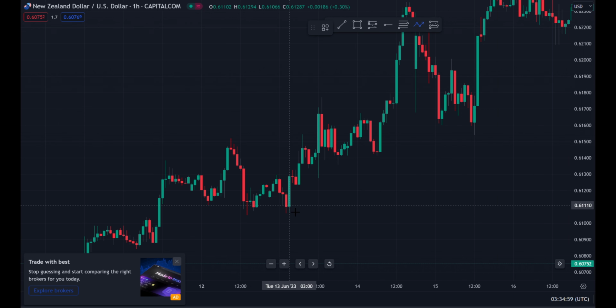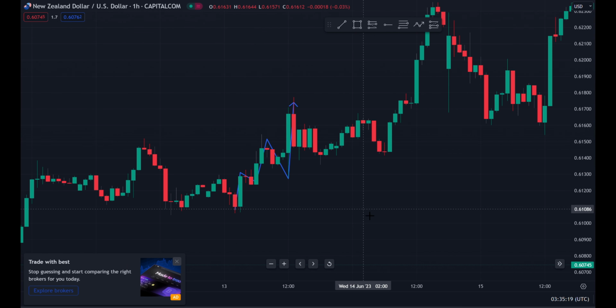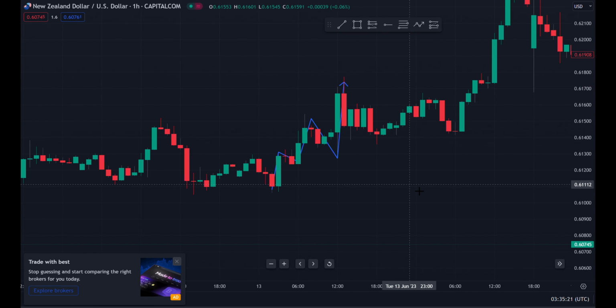We shall consider this as our first rally. Pullback, second rally. The market will retrace back to the zone. Then consider that as a rally based rally movement. We enlarge this so that you can see very well.